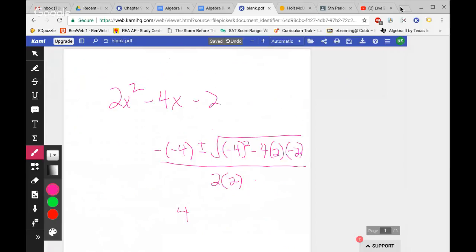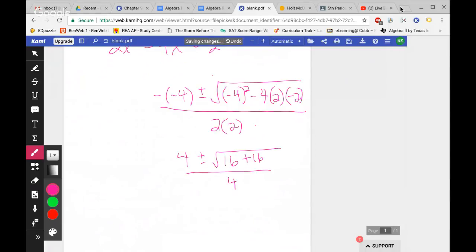Yeah. 4 plus or minus the square root of negative 4 squared, which is 16, minus 4 times 2, which is negative 8, times negative 2, which is positive 16. So that's 32 over 4.